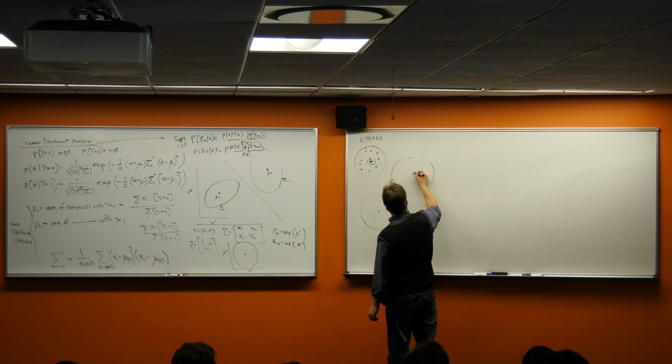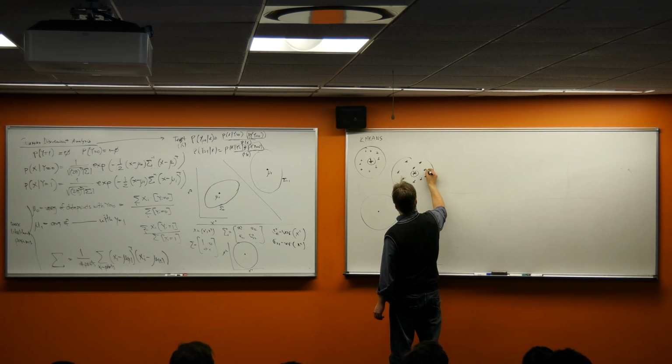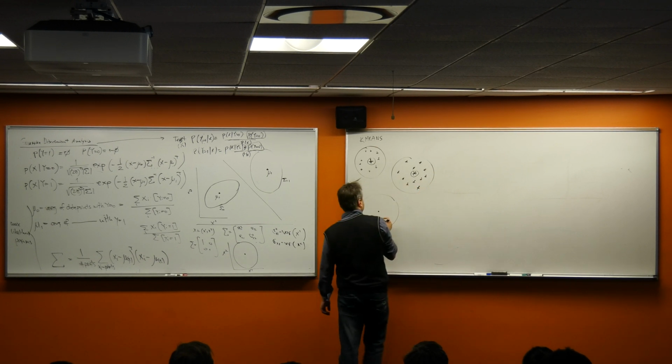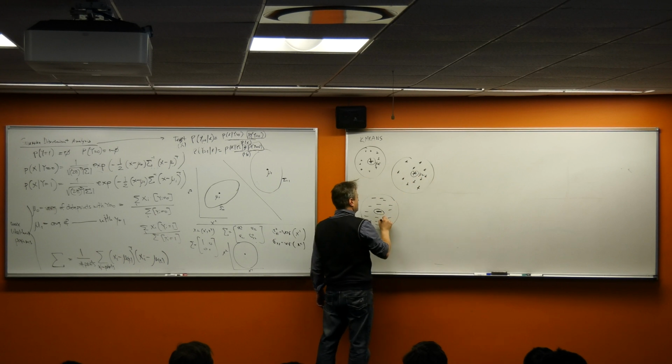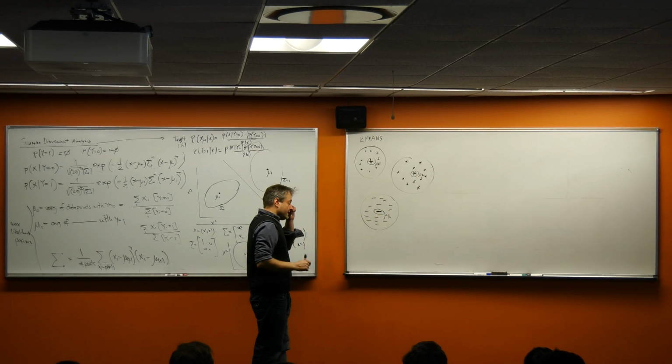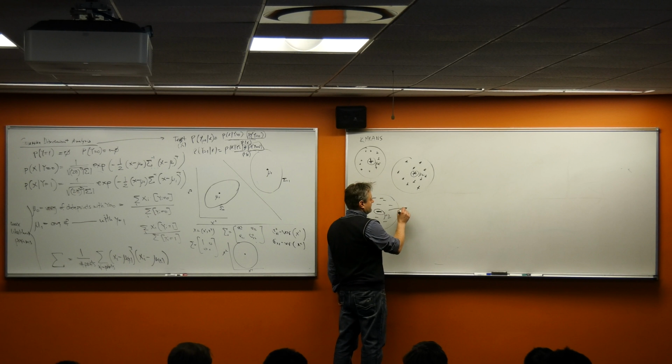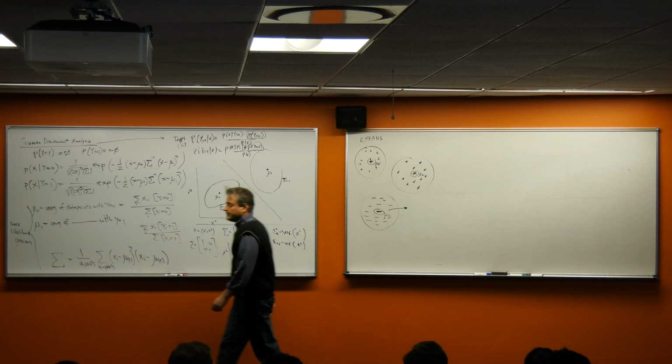There is another center here, all those are stars, and all these are, say, minuses. I'm going to call this one mu1, mu2, mu3. The idea is every data point has a membership value.